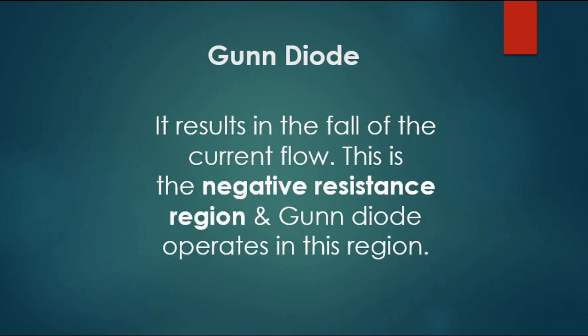So in that case, it results in the fall of current flow. This is the negative resistance. It doesn't have any positive resistance. It only has negative resistance, and Gunn diodes operate in this region, and that is how it operates.